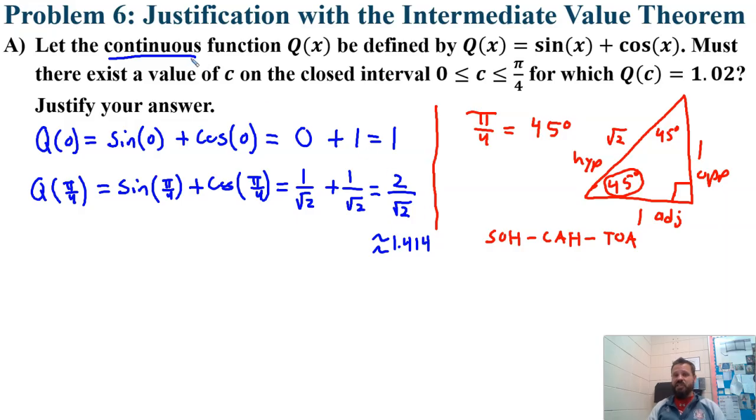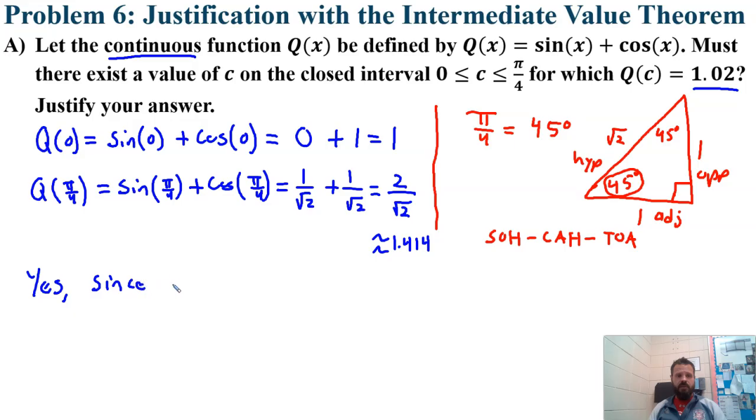Since this function is continuous, yes, we should have a value between 0 and pi over 4 where it hits that 1.02. So as far as the justification goes, we'll say yes and explain how we're able to apply the intermediate value theorem.